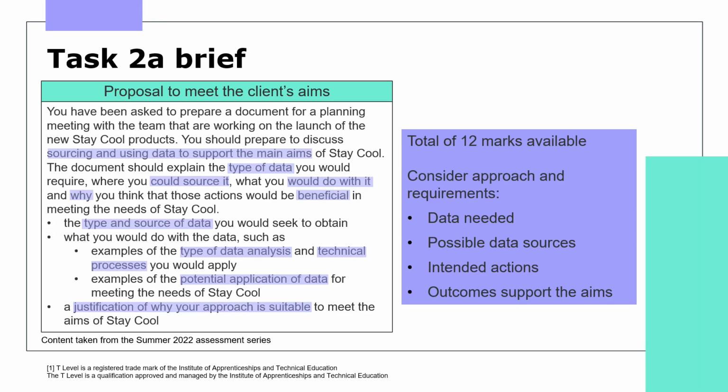In this brief taken from the Summer 2022 series, it's regarding data types, but it could be in relation to another aspect, such as data storage or data sources. 12 marks are available for this task, and students will need to explain what they would need and where to get it from, explain what they would then do, and justify their decisions.